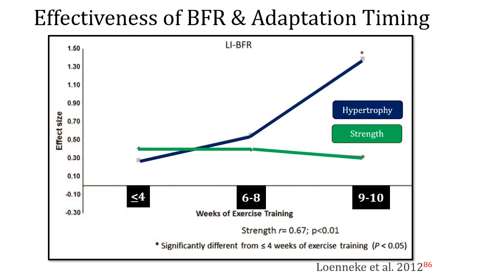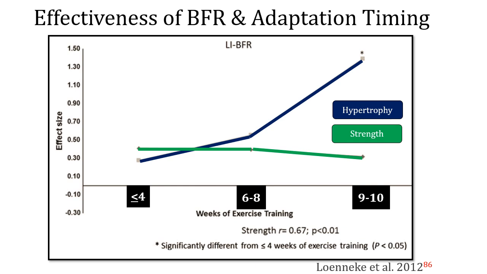Then specifically for the visualization of the effect size and the time component that was listed there in the conclusion. So in the green here, you have muscle strength. In the navy blue, you have hypertrophy. On the y-axis, you have the effect size, and then you have time running across the x.